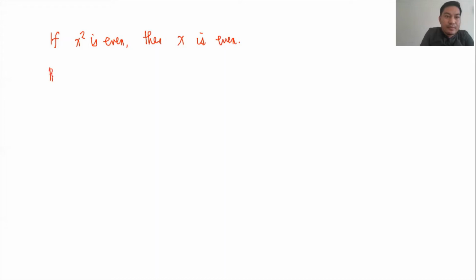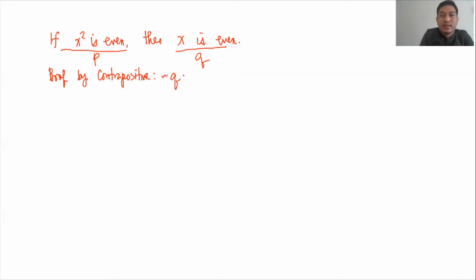So we prove by contrapositive. This is our P and this is our Q. The thing that we need to do is assume the negation of Q, and then prove that the negation of P is also true.